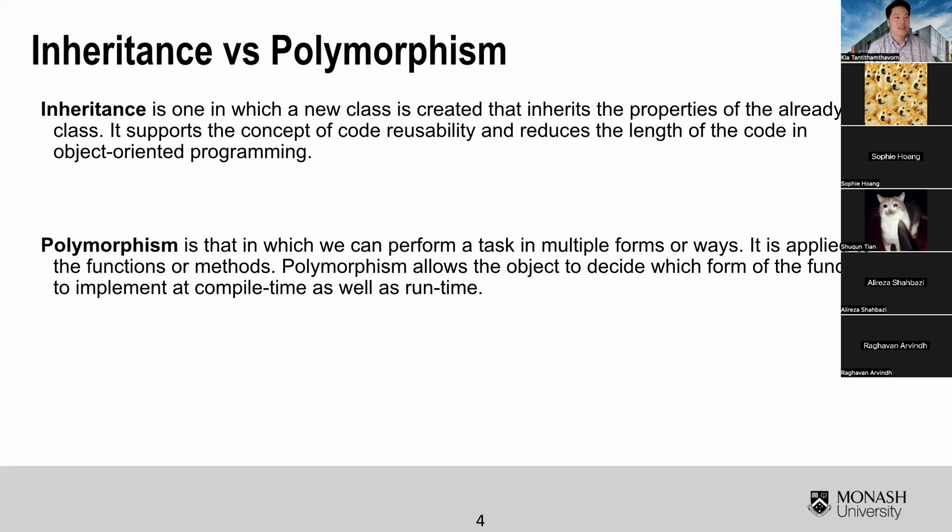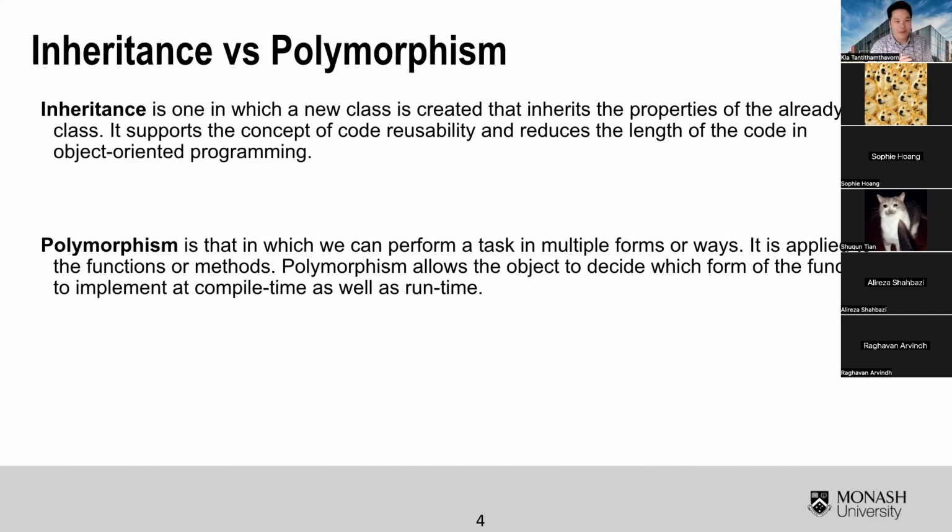Okay, then I can just get to the key point. Inheritance is the way we draw a class in order to inherit the properties of the existing one. We will talk about that later, we will have more examples anyway.